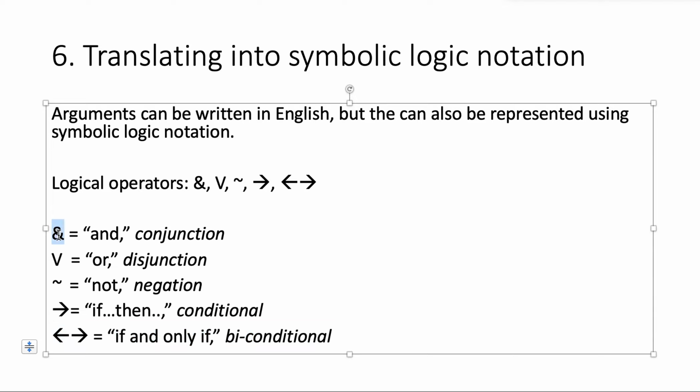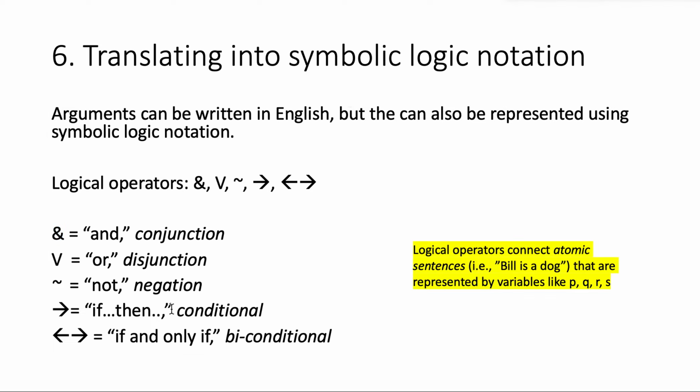But we can't use these logical operators on their own. They're used in conjunction with atomic sentences. So what have I said here? Logical operators connect atomic sentences. So an atomic sentence is something like the sentence, Bill is a dog. And those atomic sentences are represented when we're using symbolic logic notation by variables like P, Q, R, and S. So our basic sentences, the most atomic kinds of sentences we can find.